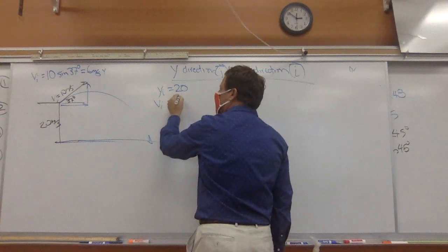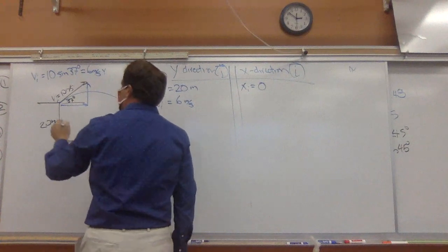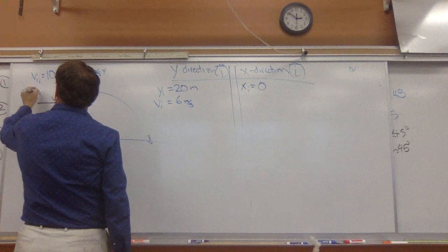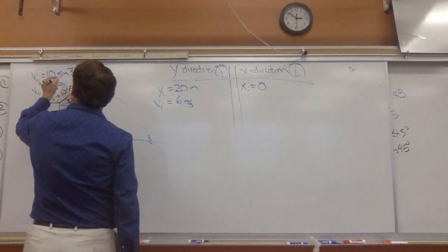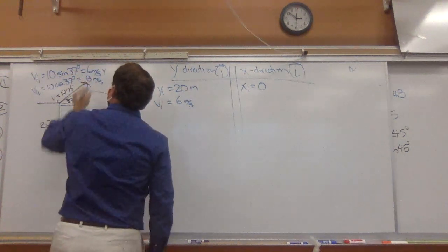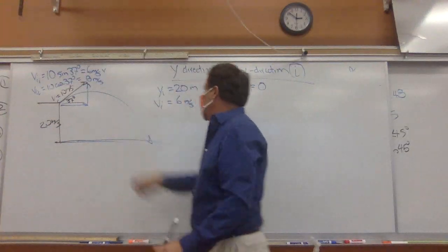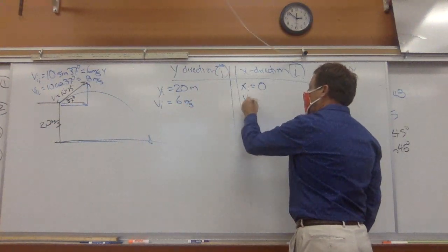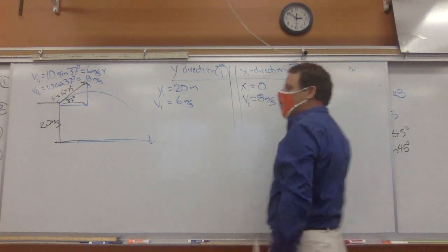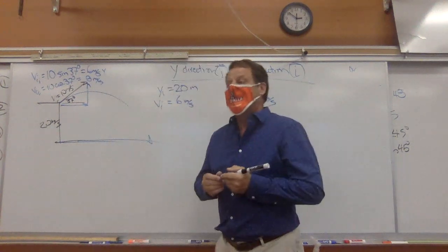So we know that we've got 6 meters per second. And now we've got 10 cosine 37, and that is going to be 8 meters per second. 8 meters per second.